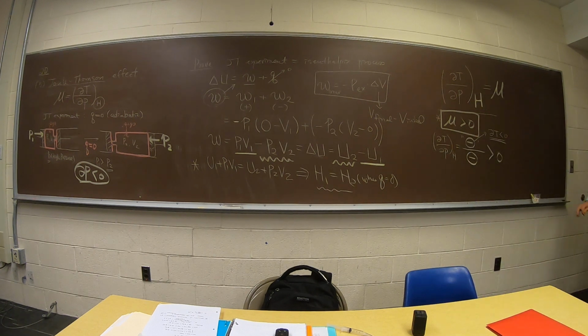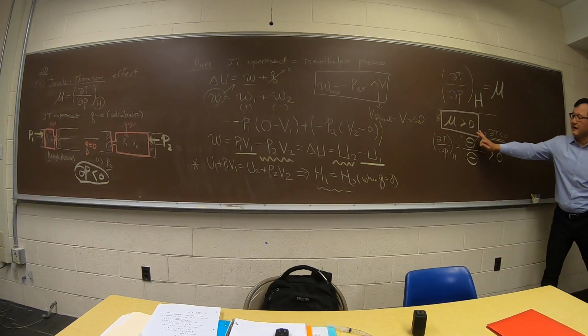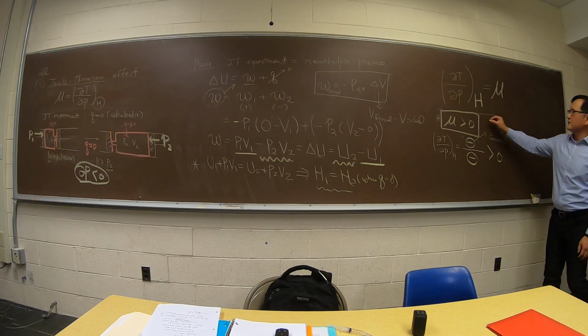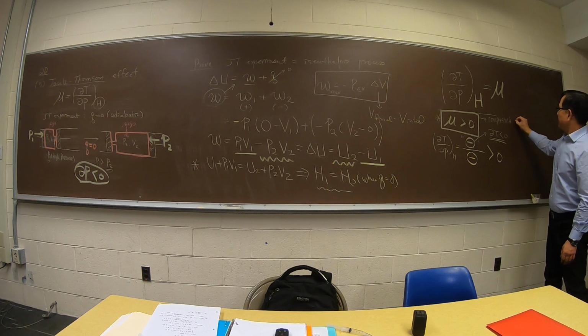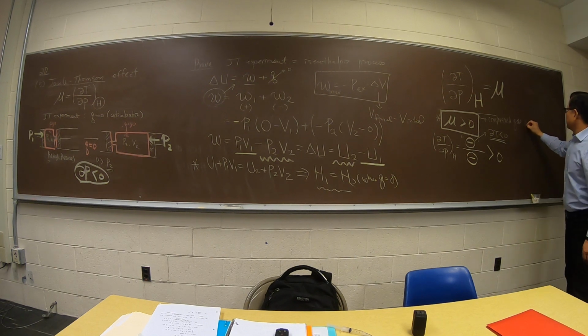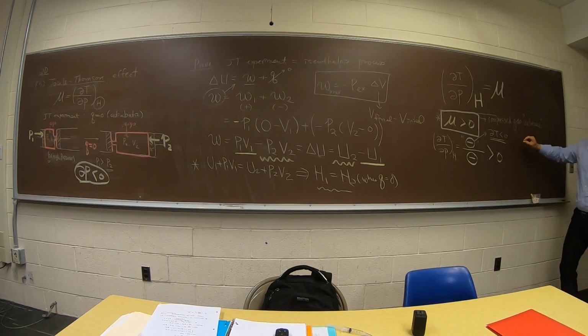And this is not even a good looking equation. The good statement is: compress gas, release on the adiabatic condition. This is what the Joule-Thomson experiment is about. And when mu is plus, this is what you've been looking for. You will have cooling.